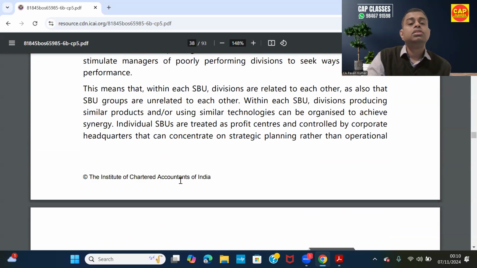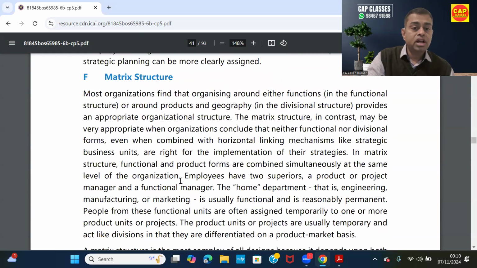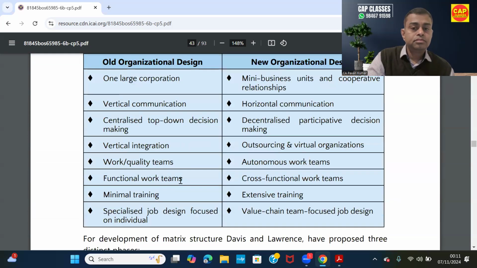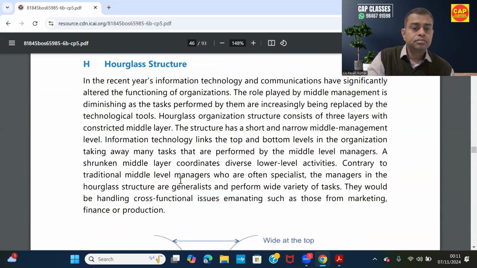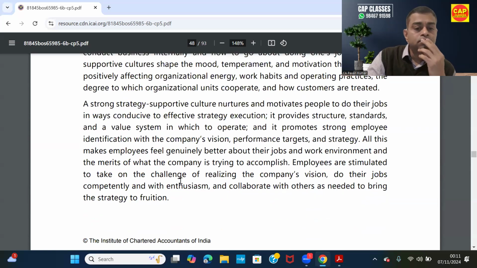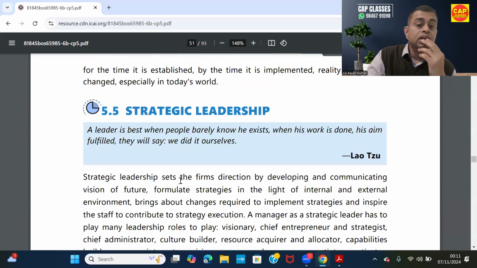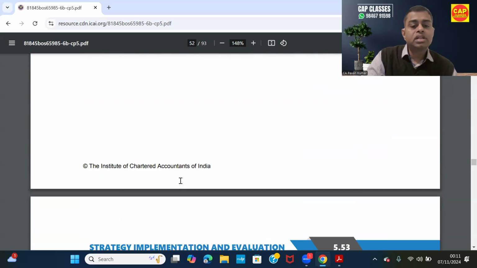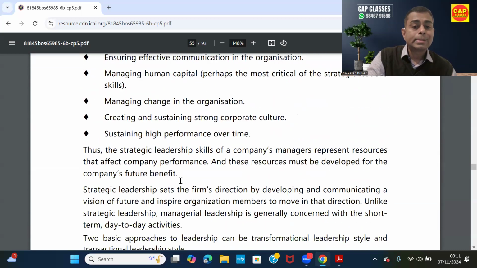So let us go to strategic control. Dear strategic control, where are you? Hourglass model, culture we have covered. Leadership. So probably somewhere here, we'll see control also.